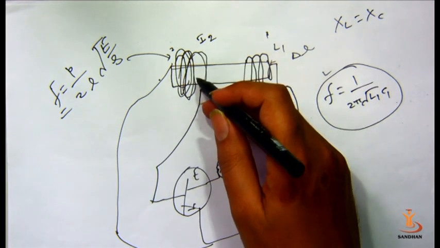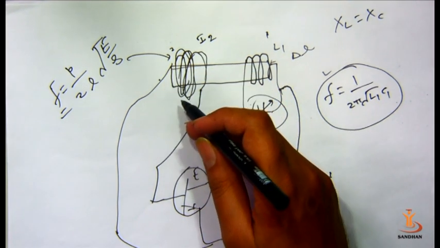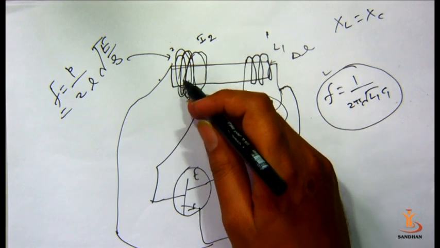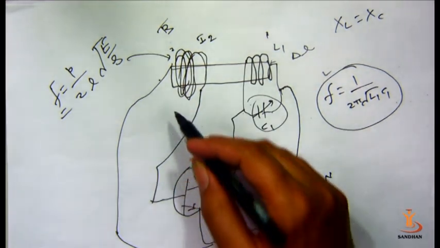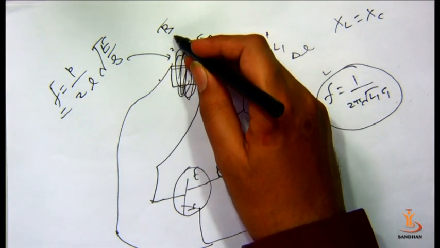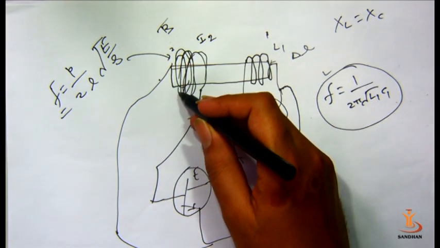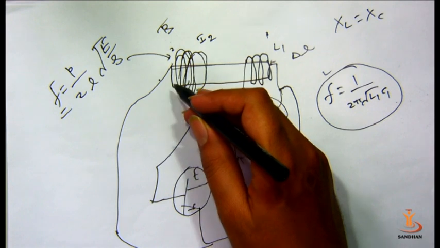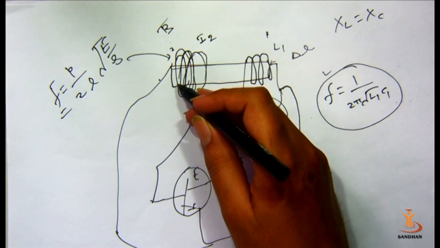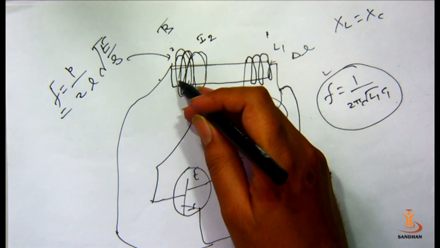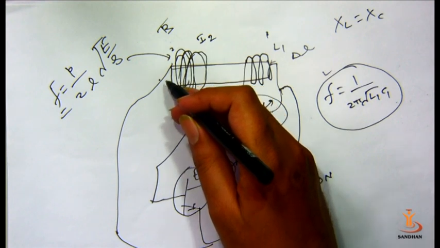Now, if current is passing through any inductor, a magnetic field is generated around the inductor. This rod is not a stationary rod, because it is continuously subjected to an alternating magnetic field. This rod is continuously vibrating from one place to another.